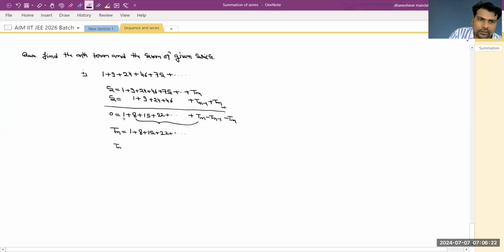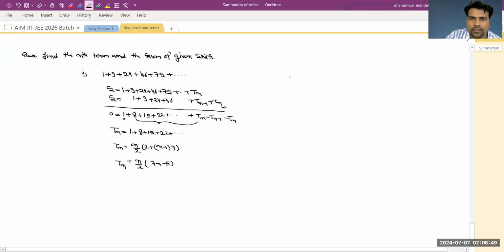So can I write T of n is n by 2 into 2a plus n minus 1 into d, and in place of d we have 7. So n by 2 is there, and 7n minus 7 plus 2, which means 5, is there. Okay, so here we have T of n.